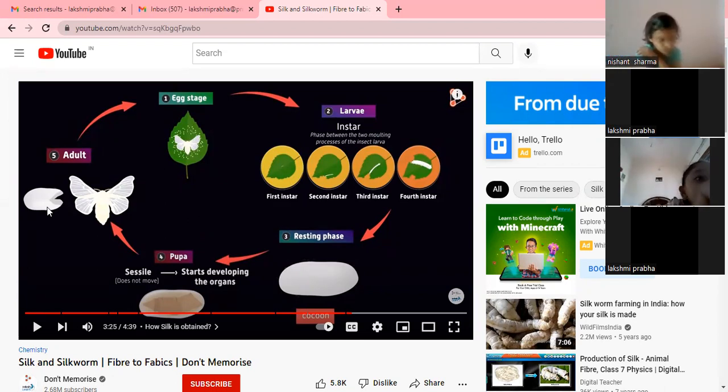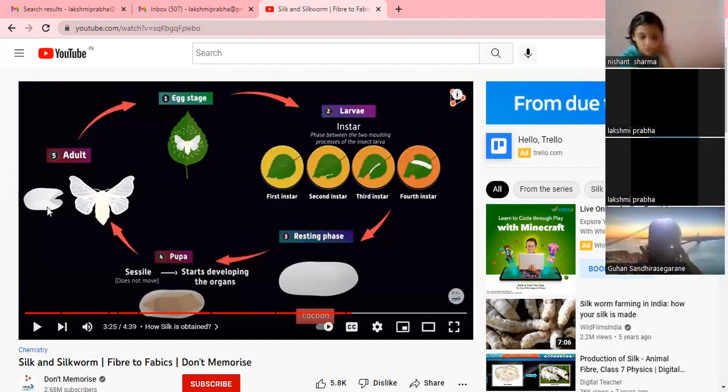Then Hansika, what is your doubt? Ma'am, what comes out from the butterfly? What comes out? Egg. This is the adult moth. What will come out of the egg? From the egg the larva will come. From the larva, the cocoon stage will come.